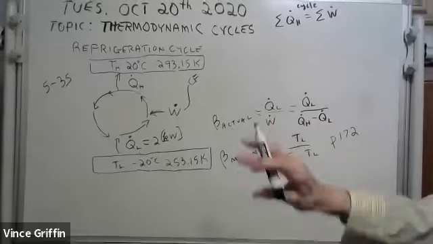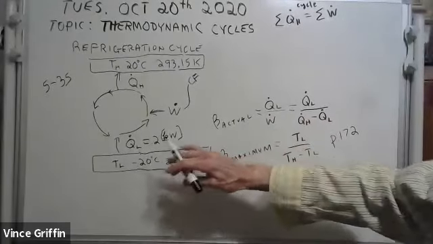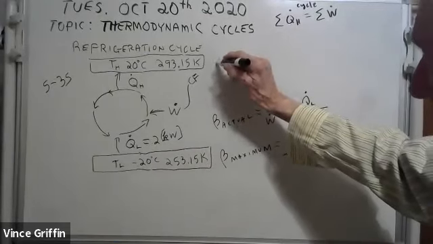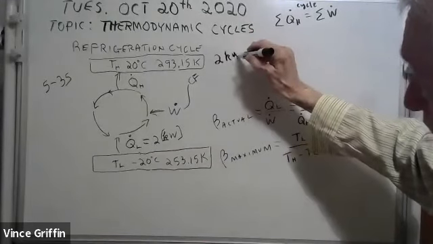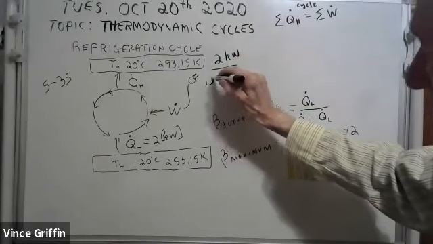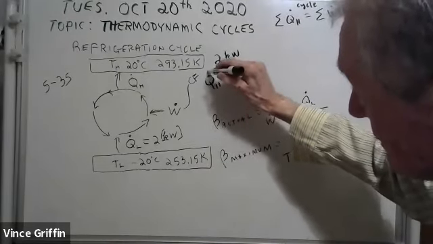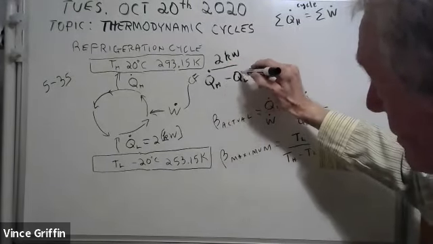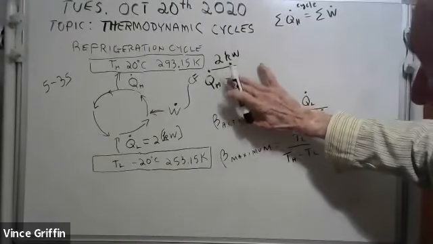What we're going to do is set these two equal, but see, we know this. So what we have is 2 kilowatts divided by QH dot minus QL dot. No, we know what that is.